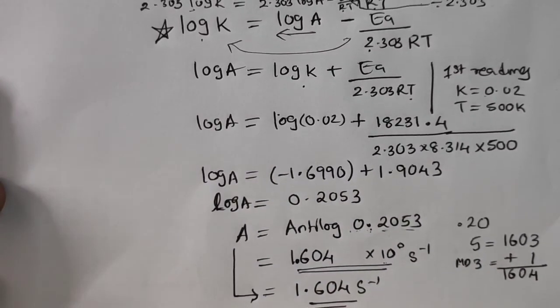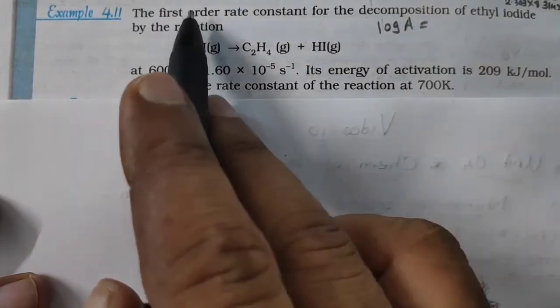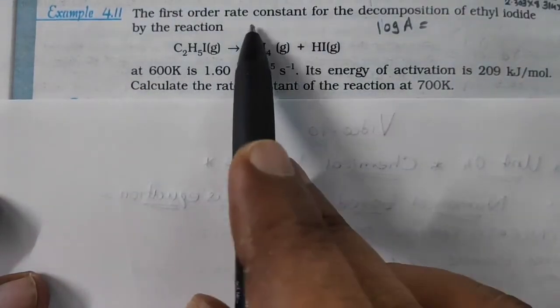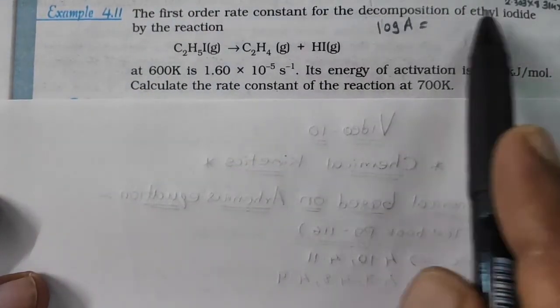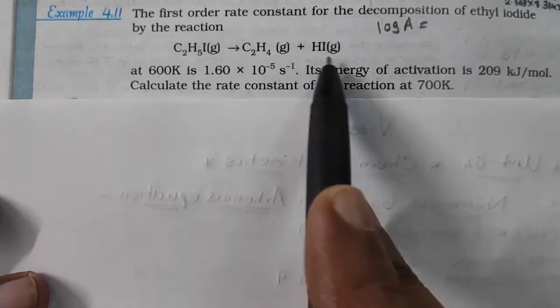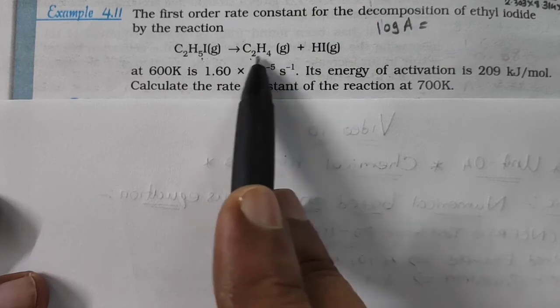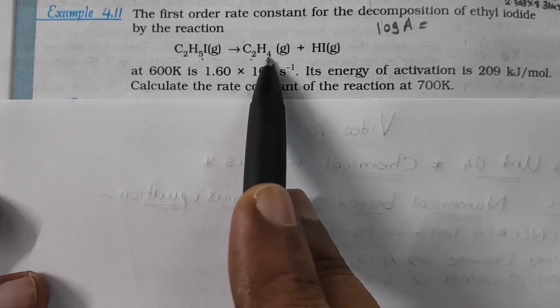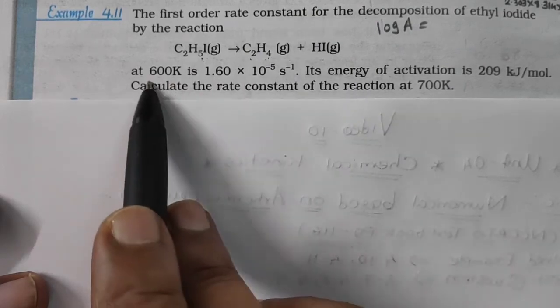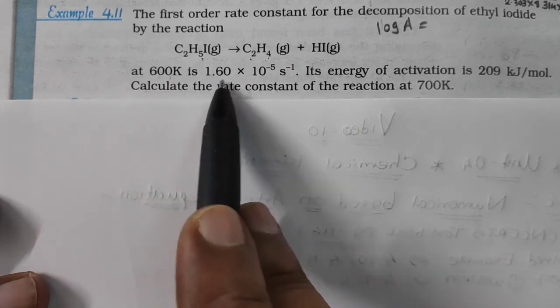Now the next one. This is the question, example 4.11. The first order rate constant for the decomposition of ethyl iodide by the reaction, ethyl iodide giving C2H4, that is ethene, plus HI, at the given temperature is 1.6.